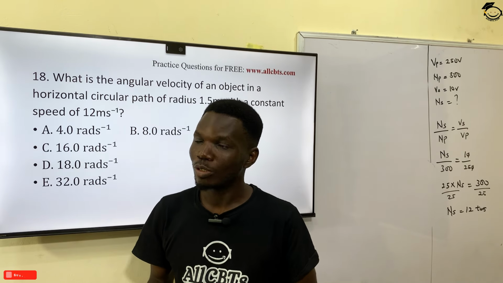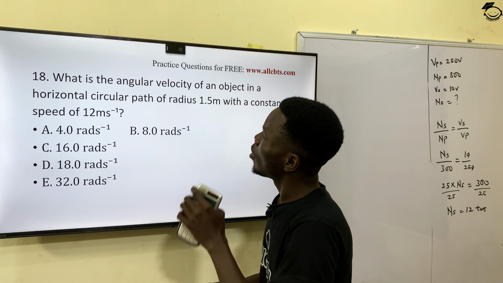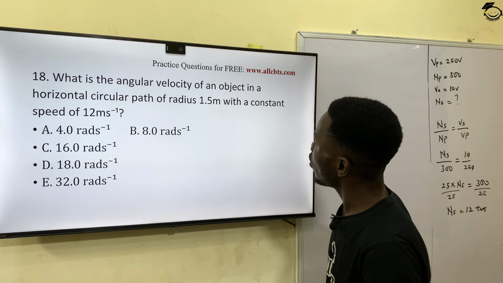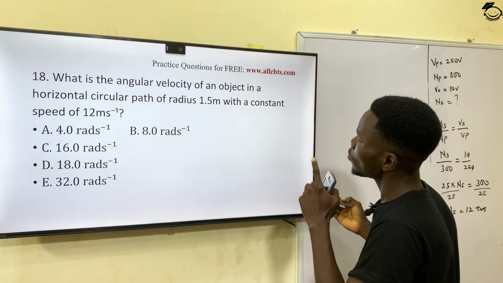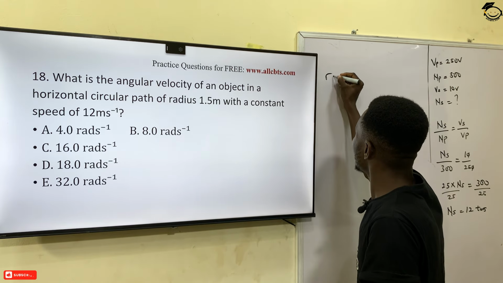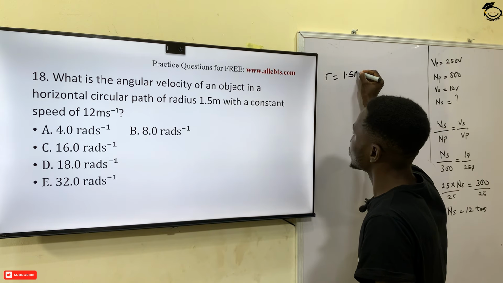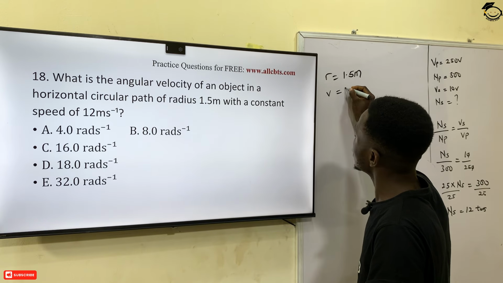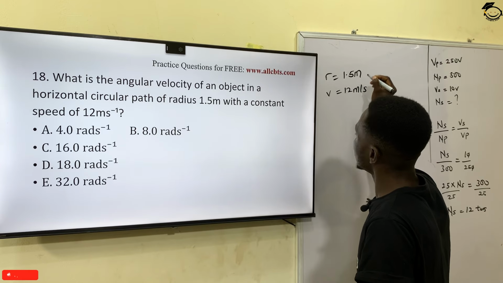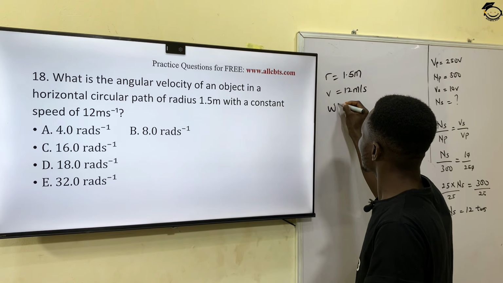So that is up to question number 18, which says, what is the angular velocity of an object in a horizontal circular path of radius 1.5 meters? So my radius here is 1.5 meters with a constant speed. The velocity was given as 12 meters per second. So we are asked to find the angular velocity.